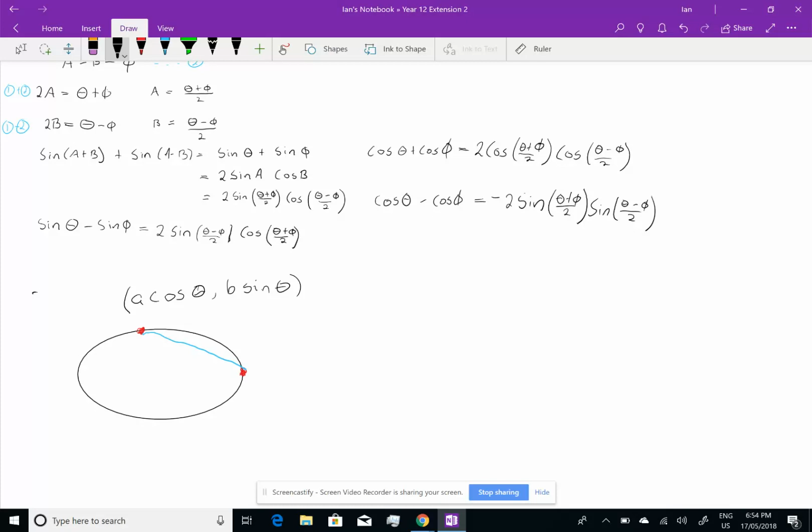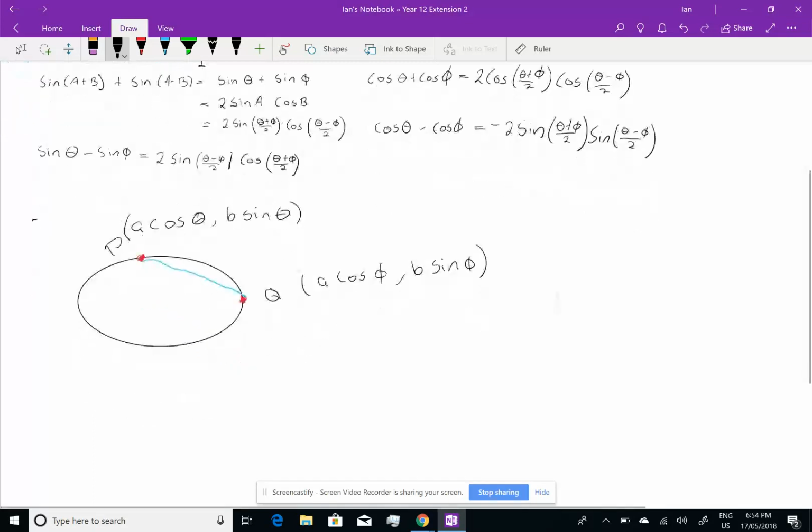I think he calls them P and Q. Yeah, so he calls that point P, puts it on the other side, but it doesn't matter. We'll call that point Q. And then for Q, we'll go A cos phi and B sine phi. And what we want to do is find the equation of this chord.